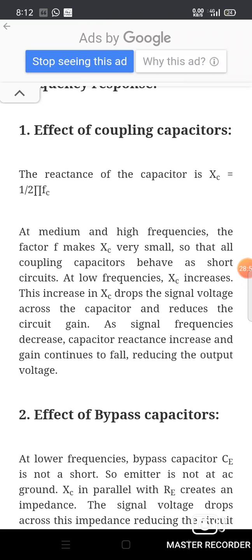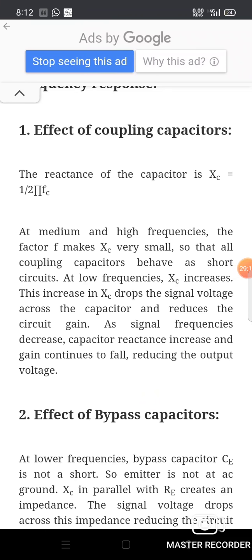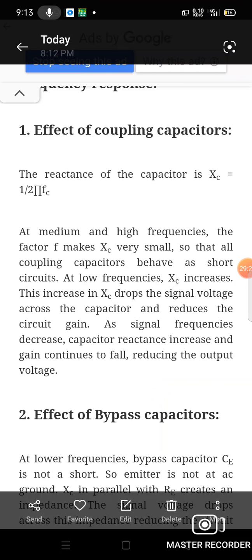So as signal frequency decreases, the capacitor reactance increases and gain continues to fall, reducing the output voltage. So at the lower frequencies, the capacitor acts as an open circuit, right?